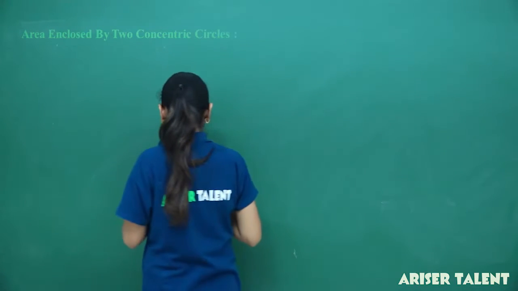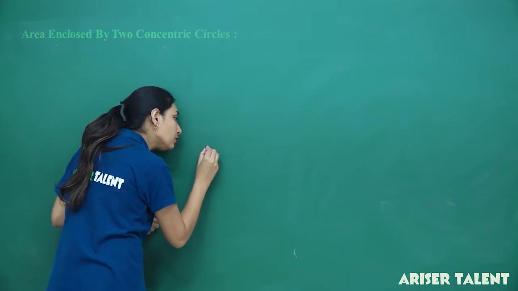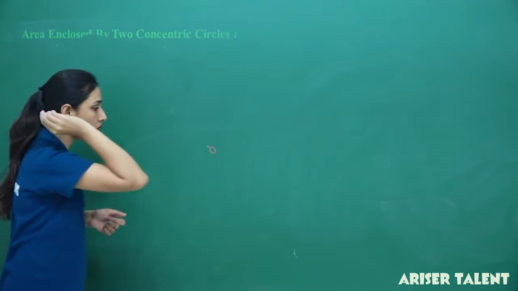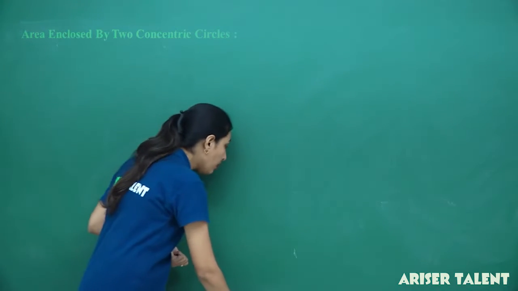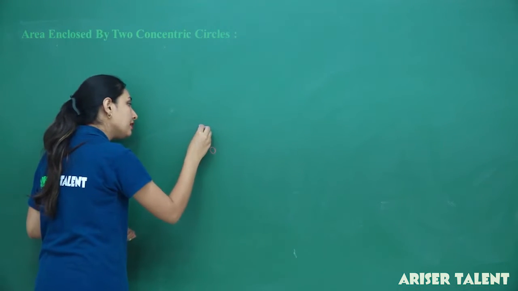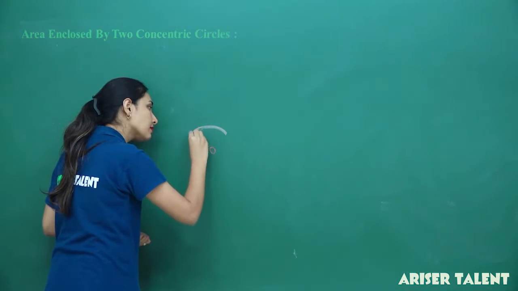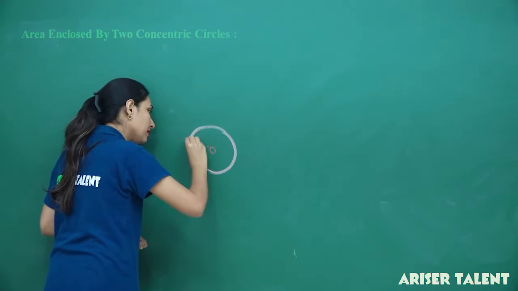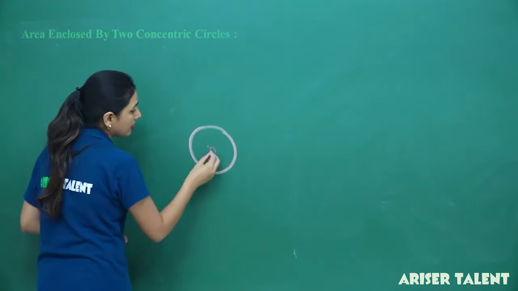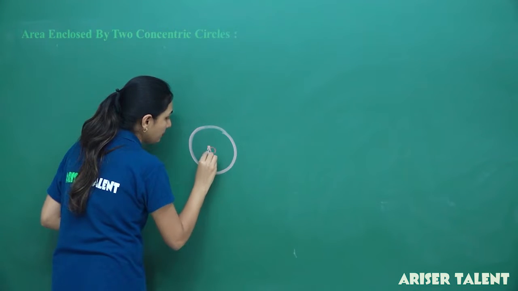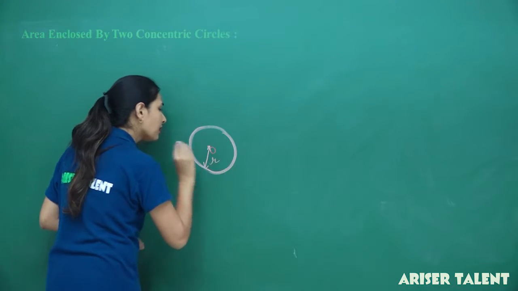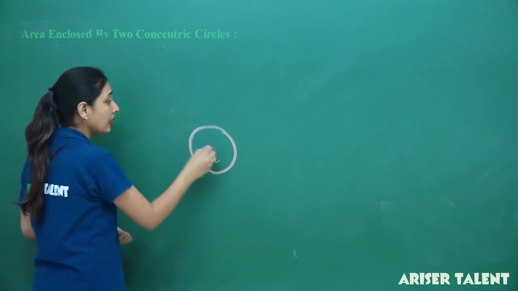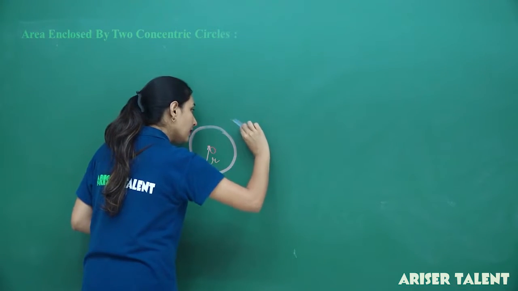Okay, this is my center, I will be naming it O. Okay. Now what am I having? I am having this radius which is equal to, let's suppose, small r. Now I am having another circle with the same center.